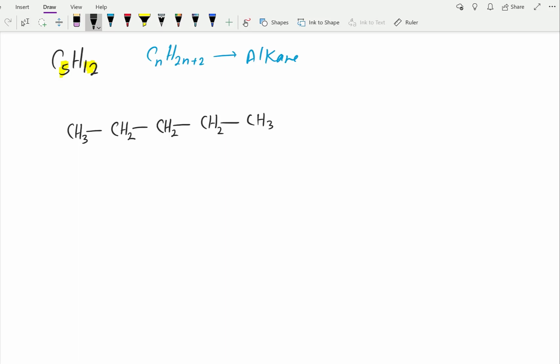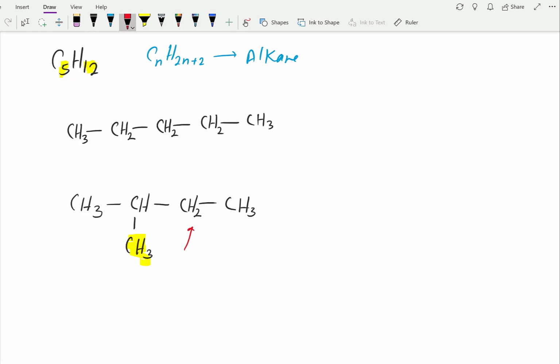For the next isomer, I have to put the branch here. So on the second position, I put the methyl branch, CH3. Then I have the carbon. So this second carbon needs only 1 hydrogen. So I have CH here. The next carbon, I have CH2. The next one, I have CH3. So it doesn't matter if I put this methyl group here or on this position.